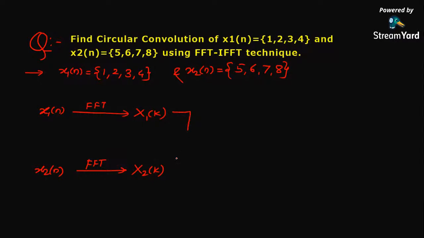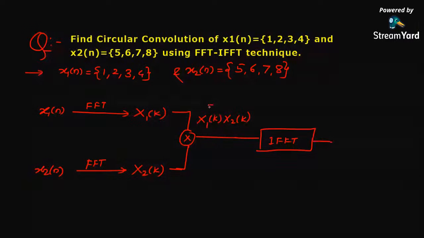After finding them, multiply them pointwise, so you get X1 of k times X2 of k. Then find the inverse FFT. After the inverse FFT you get, suppose, y of n, which is nothing but the circular convolution of x1 of n and x2 of n.